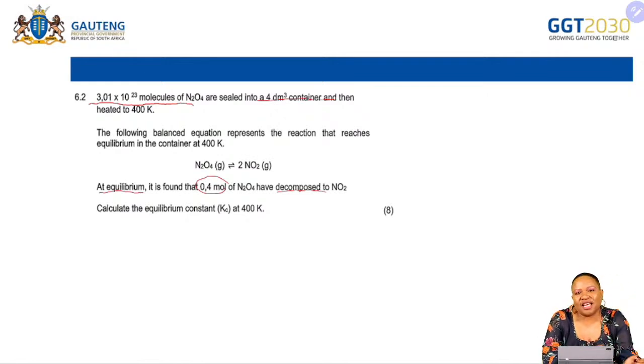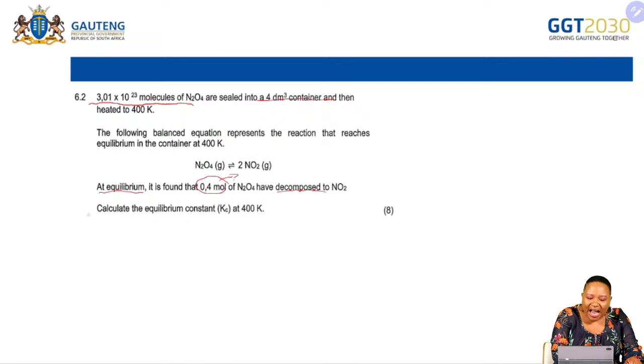In this regard, we are not going to confuse this 0.4 as what we found at equilibrium. But we have found that after reaching equilibrium, 0.4 has decomposed. So it means 0.4 was already used before we reached equilibrium. It is not what was left at equilibrium, but it was what was used as we reached equilibrium.